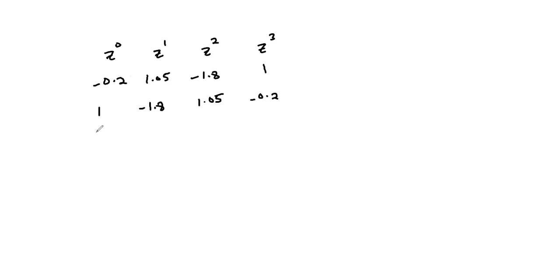From which our B0, so this is our A0 to A3, A3 to A0. So we expect B0 to B2. Our B0 will be the determinant of negative 0.2, 1, 1, negative 0.2. So the first terms and the last terms formulate our B0, from which the determinant is 0.04 minus 1, which is negative 0.96.